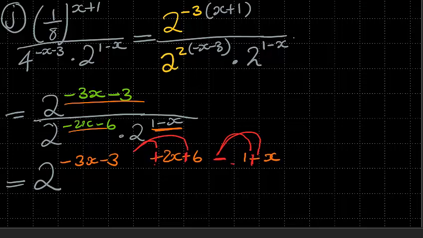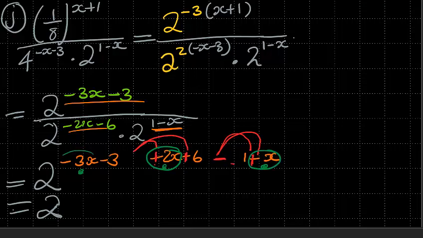Now I can add like terms. So this is going to be equal to 2, and my exponents are going to be minus 3 plus 2 gives me minus 1, minus 1 plus 1 gives me 0. Or look at it this way, 2 plus 1 is 3.